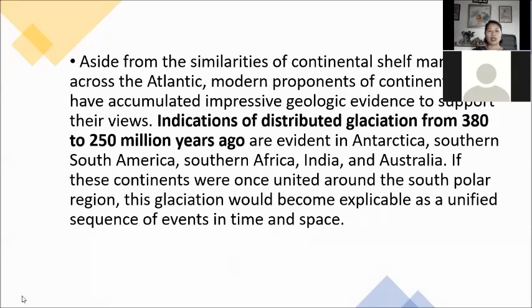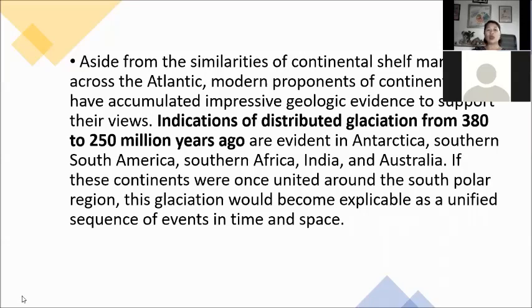You take note that indications of distributed glaciation from 380 to 250 million years ago are evident in Antarctica, southern South America, southern part of Africa, India, and Australia.